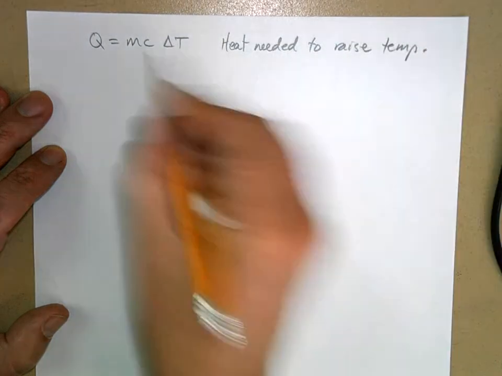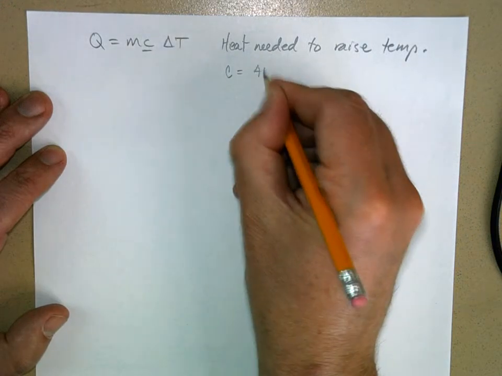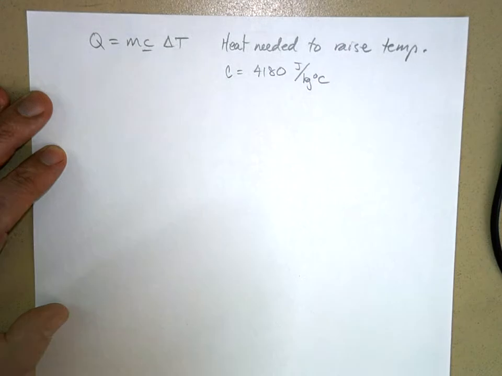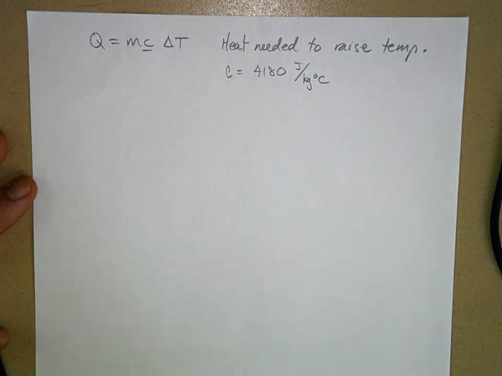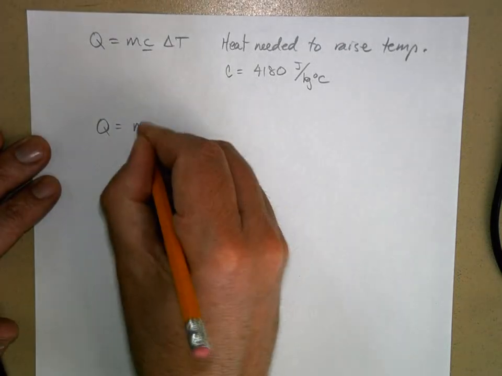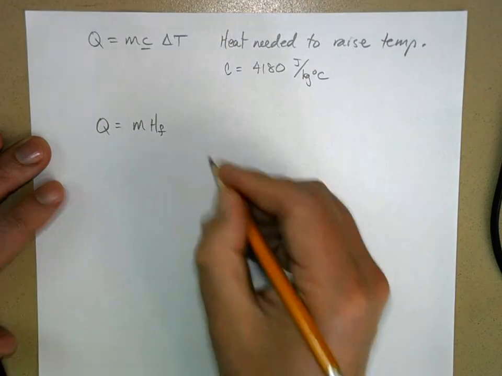C is the specific heat. C is equal to 4,180 joules per kilogram degrees Celsius for water. We're only going to deal with water in this class. Then you have Q equals m H sub F, or the heat of fusion.